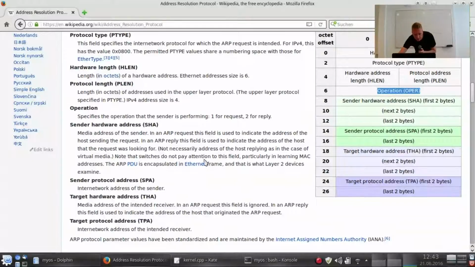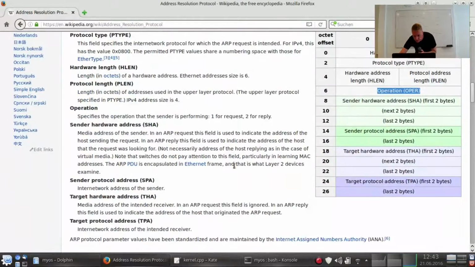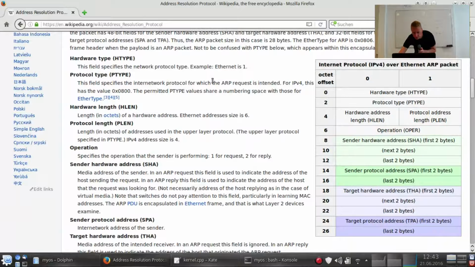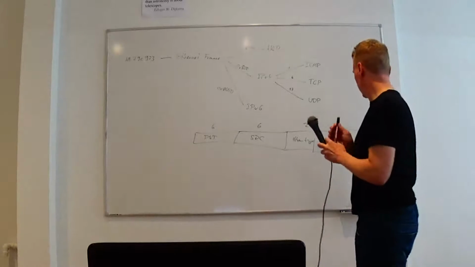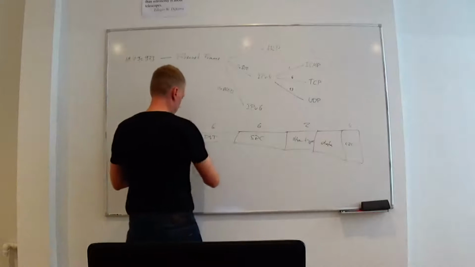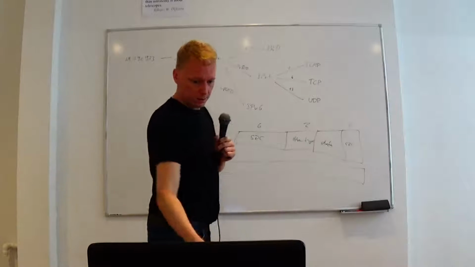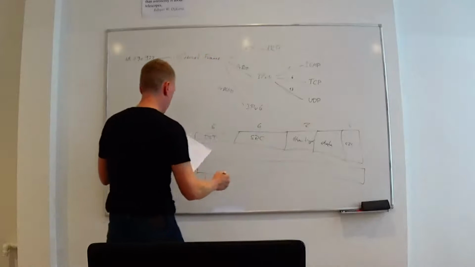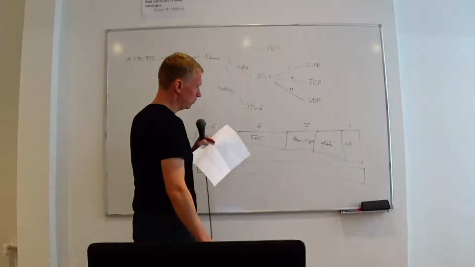Again, the Wikipedia page about this protocol is very good. Here you have a nice description of how this data structure is built. An ARP data block looks like this. You get 2 bytes, which tell you the hardware type.